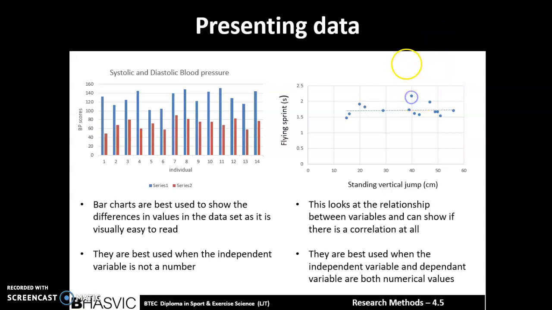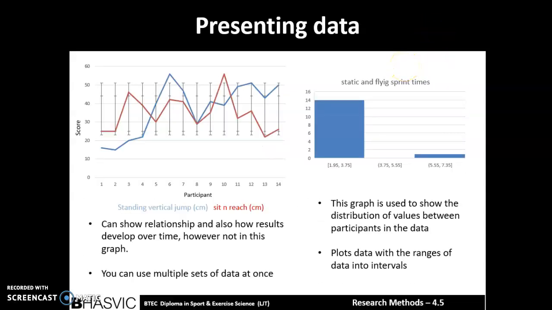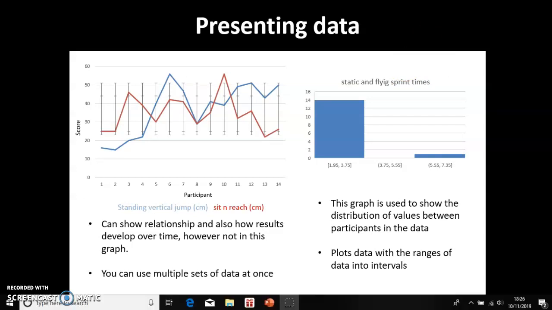So moving on to my next slide, I have a line graph. So here we have a line graph and a histogram. The line graph can show a relationship and also how results develop over time, however not in this graph. So we have the participants at the bottom and the score at the top, and it just shows for each participant.